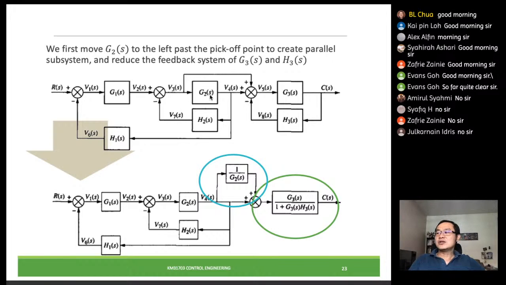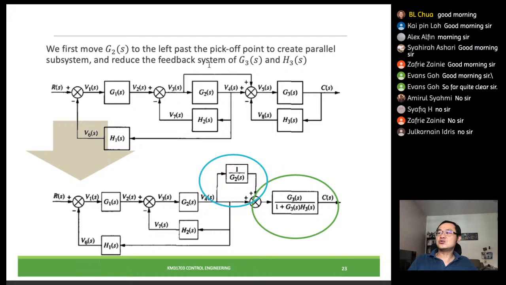Okay, so if we are able to move this out over here before this branch off, then it would be much easier. So what we can do is here, once we move this out, remember when we move into the parent or the main pipe, then this one would have the effect of 1 over G, right?